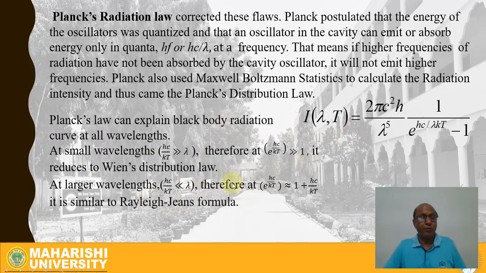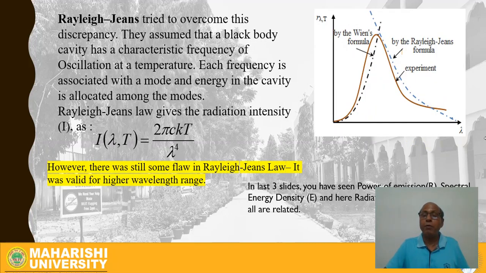Now, the beauty of Planck's radiation formula was that at lower wavelengths it was matching with Wien's distribution law, at higher wavelengths it was matching with Rayleigh's formula, and that way both the regimes of lower wavelengths and higher wavelengths of experimental characteristics of black body radiation could be explained by Planck's radiation formula.